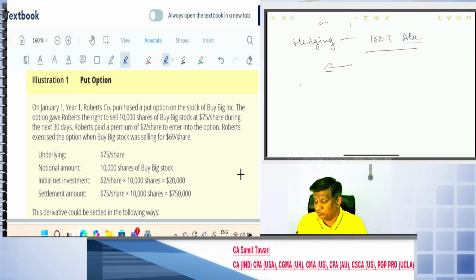Either he can enter into a forward contract. What is the word I use for a purchase in forward and future? Anyone can recollect? I used the four words: long, short, call, put. Long and short for forward and future. So long is for the purchase.